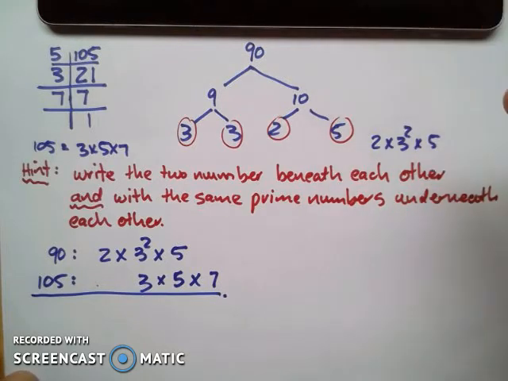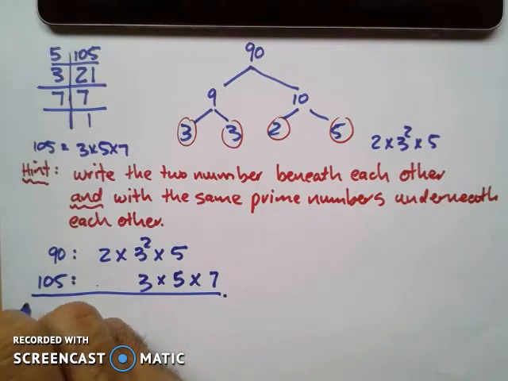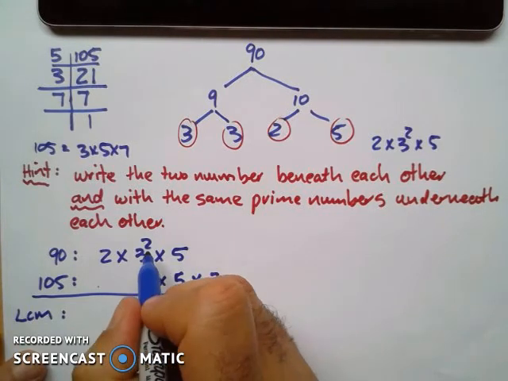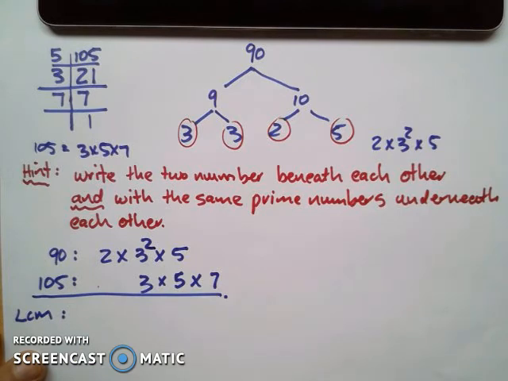And now I'm going to find the lowest common multiple and the highest common factor. Let's start with the lowest common multiple. With the lowest common multiple, I'm going to make sure that I have every multiple in there. So I need to have a 2.